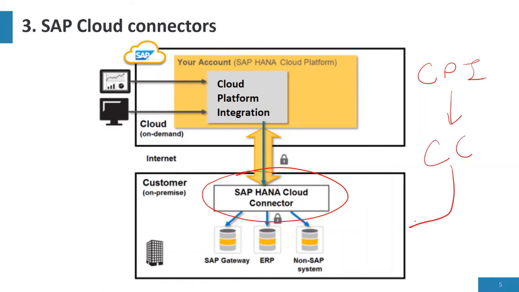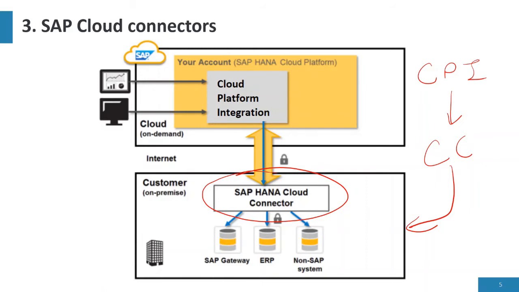It works for security, and it also works as a reverse proxy. It is very important that you know what the cloud connector is. So for now, just understand at a high level that when we integrate CPI with an on-premise system, we should be using the cloud connector.